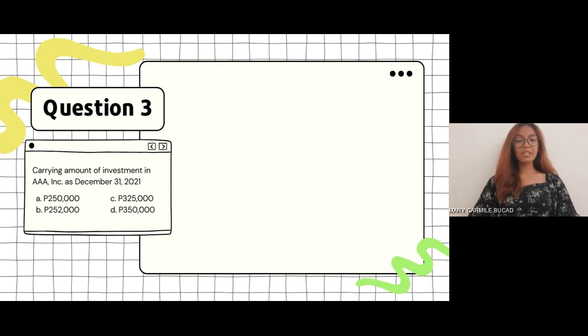PFRS 9 financial instruments. This standard provides guidelines for the classification, measurement, and recognition of financial instruments. Under PFRS 9, if an equity investment is not held for trading, a company may irrevocably choose to classify it as FVTOCI at the time of initial recognition.